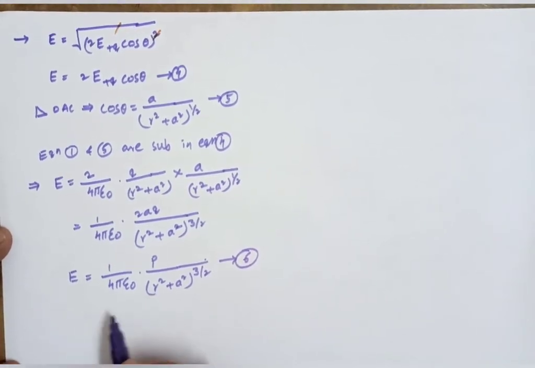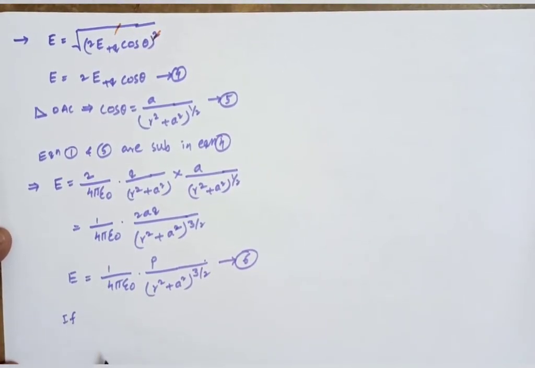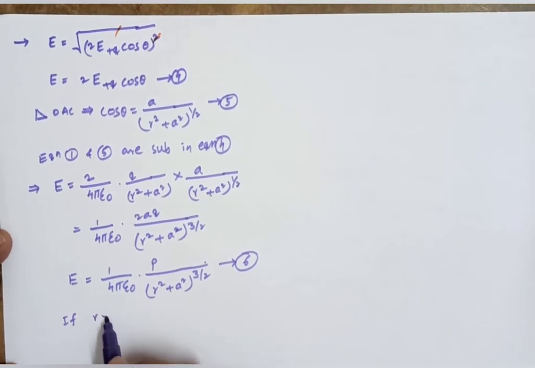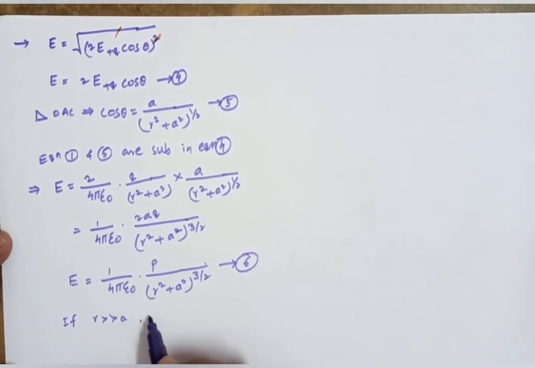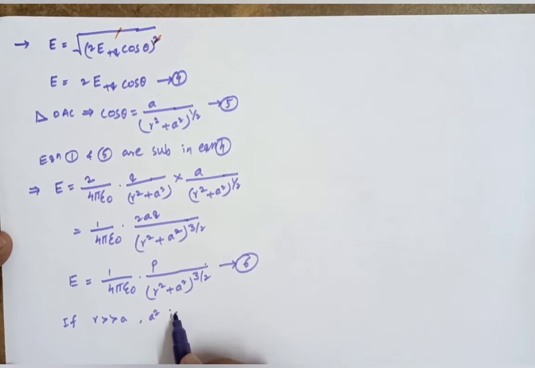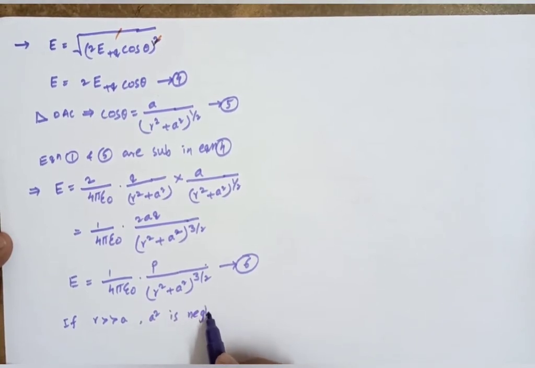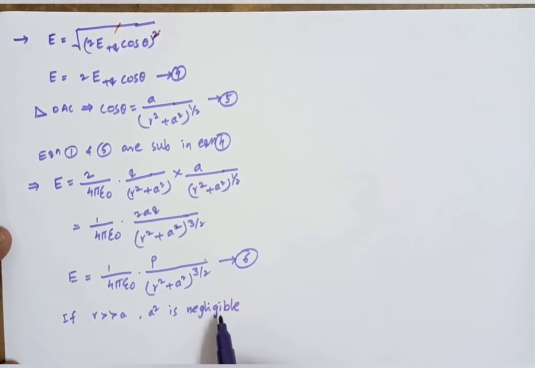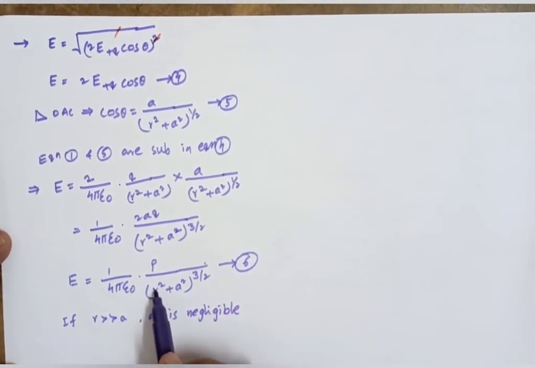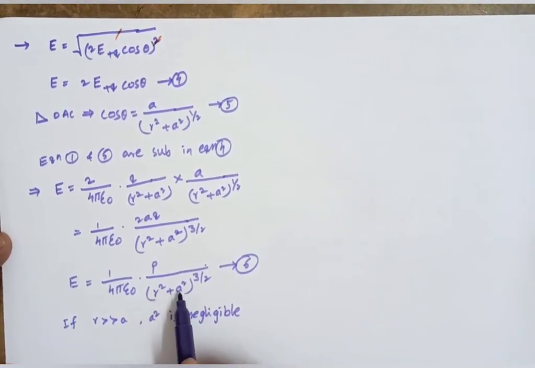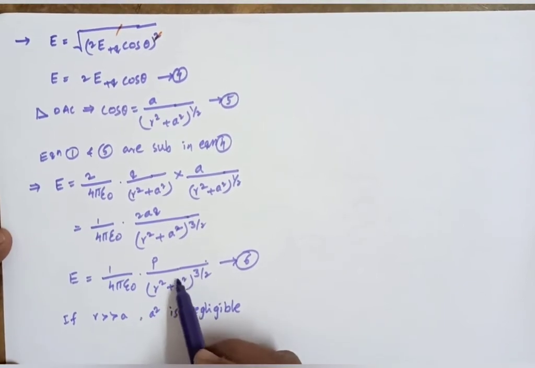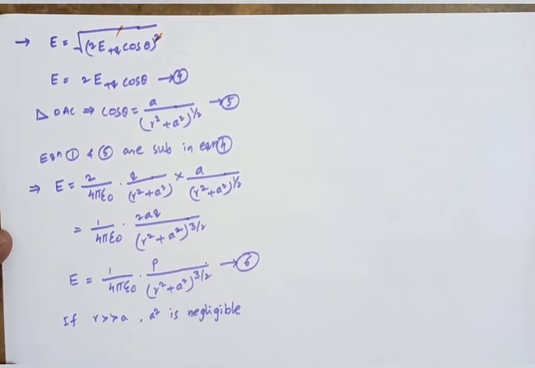In this equation number 6, if the condition is r is much greater than a, then a square is negligible, because r square is greater than a square. So then a square is very small.